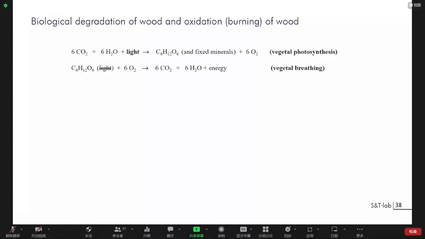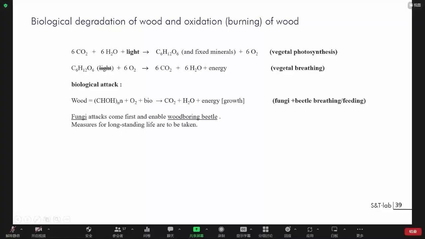And that is a very important aspect: timber uses CO2 to be built. If you look at biological attack by fungi or wood-boring beetles, you will see that they take wood in its general form, associate it with oxygen as they breathe, and eat it to produce and release again CO2 and H2O, and produce energy that the fungi or beetle will use for their own growth.